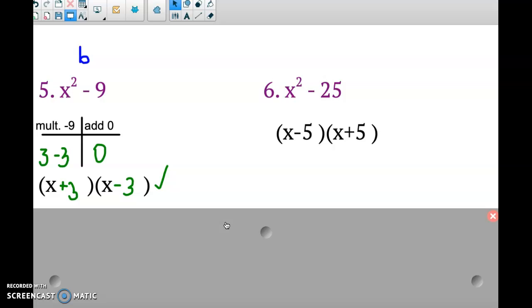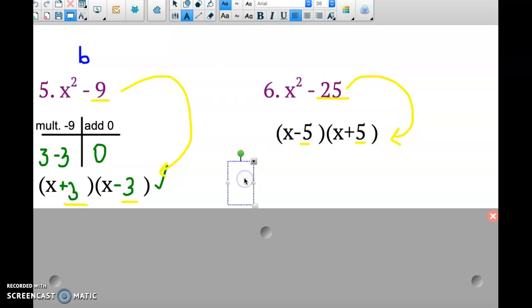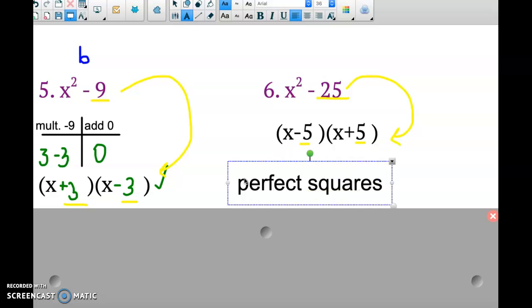But there's a pattern here, right? There's a pattern between the original and my final answer. Anybody recognize the pattern? Specifically between these numbers, the 25 and the 5 and the 9 and the 3. What we should notice is that they're perfect squares, right?